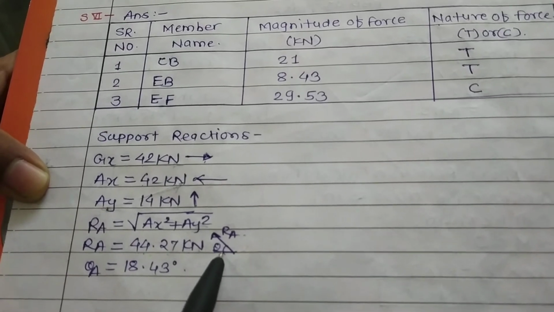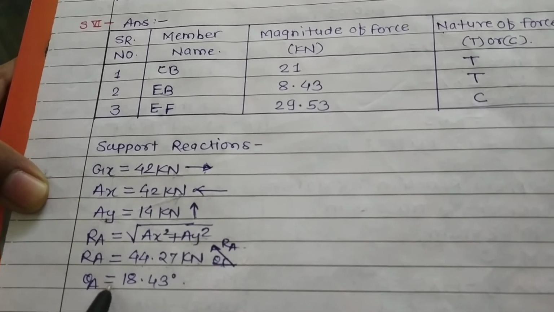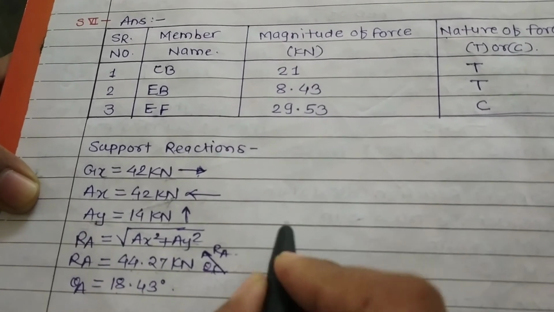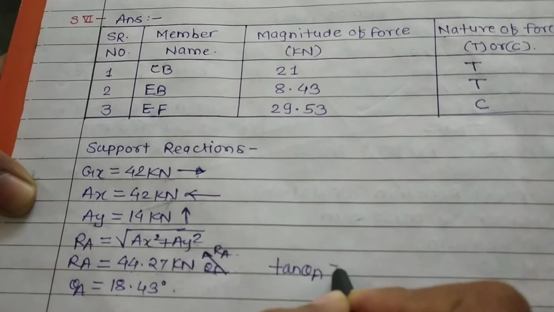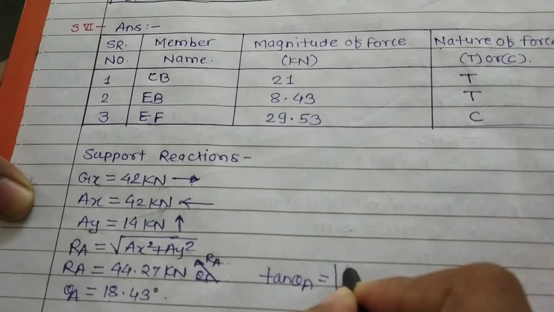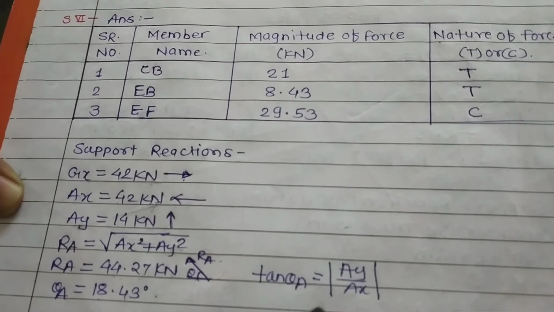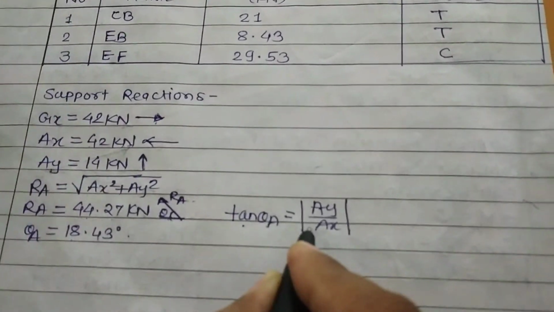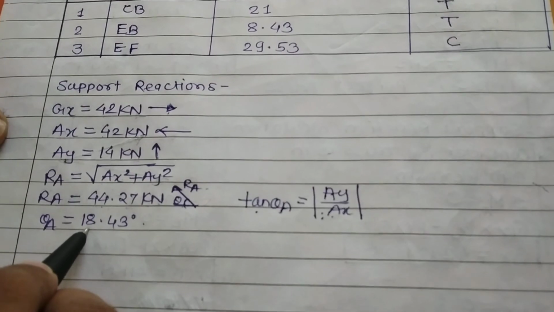So in second quadrant, that RA having some angle with respect to x-axis, and that angle is theta A. It is 18.43. It is found out by using tan theta A is equals to mod of AY upon AX. With this case, substituting AX and AY and taking theta is equals to tan inverse of mod of AY by AX, we have this angle 18.43.